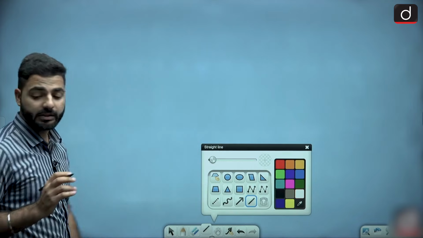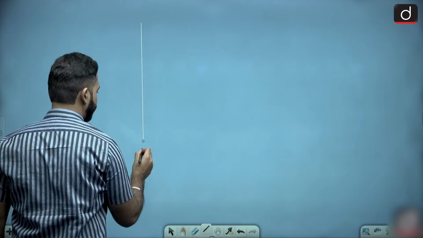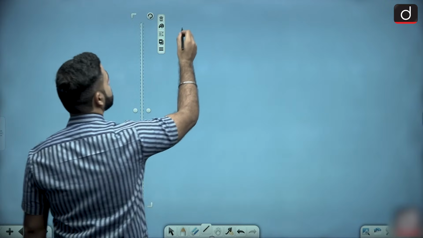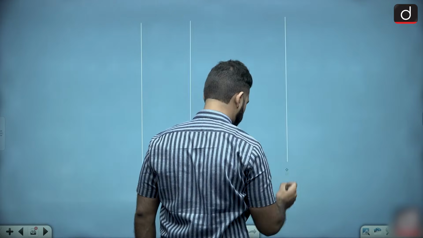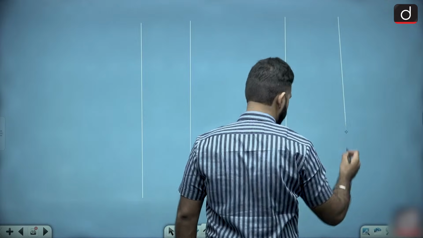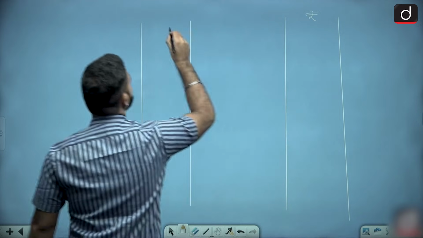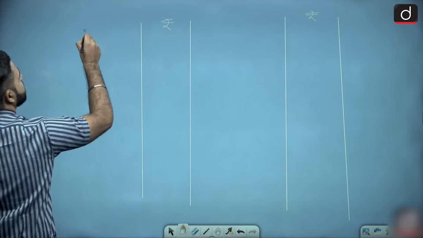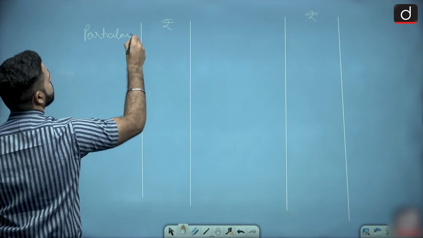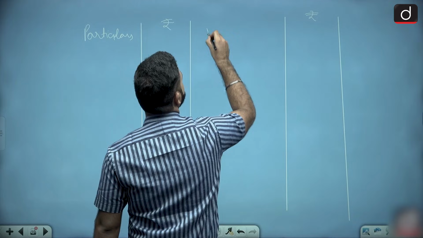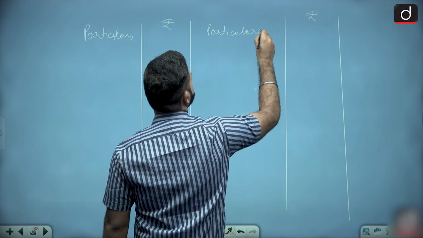Okay, so we have to make the profit and loss appropriation account, right? So let us make some lines. So we know this is rupees, this is rupees, this is your particulars, again particulars, right?